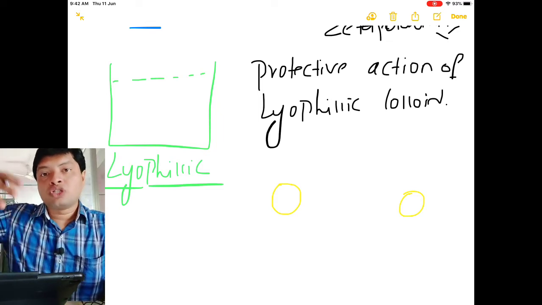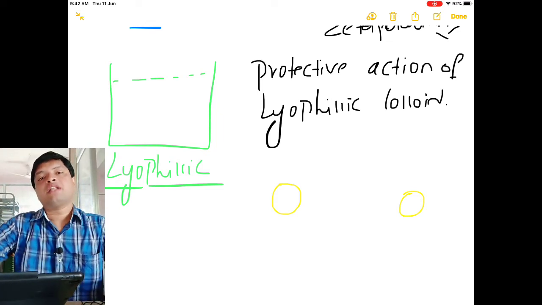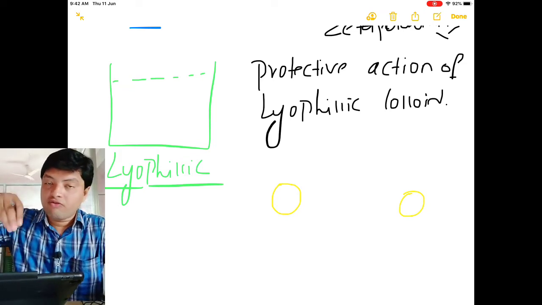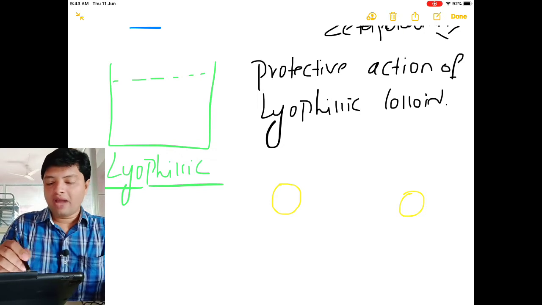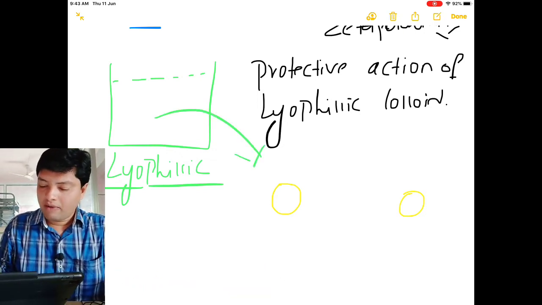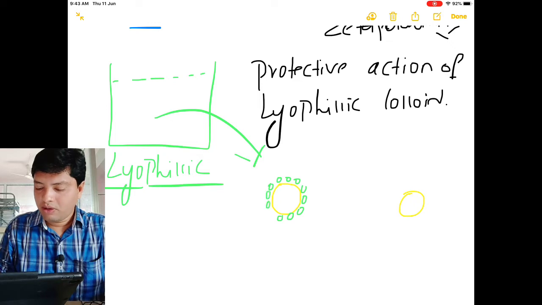Now, to increase the stability of this lyophobic colloid, we will add lyophilic colloid to the lyophobic colloid solution. What happens? This lyophilic colloid will form a sheet around the lyophobic colloid like this.